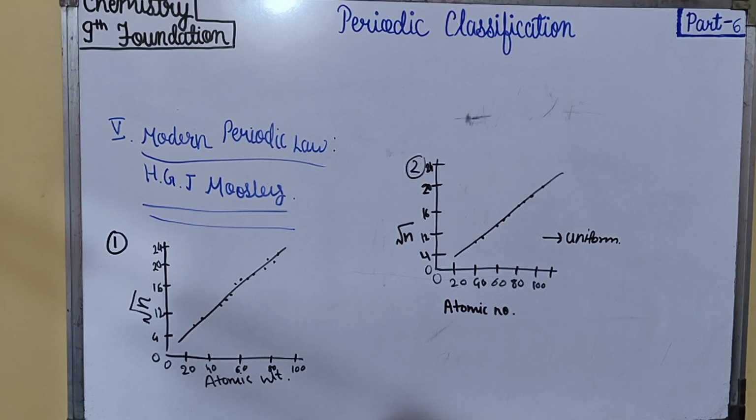So now this rectified the defects of Mendeleev's periodic table. Now there is Moseley's classification.